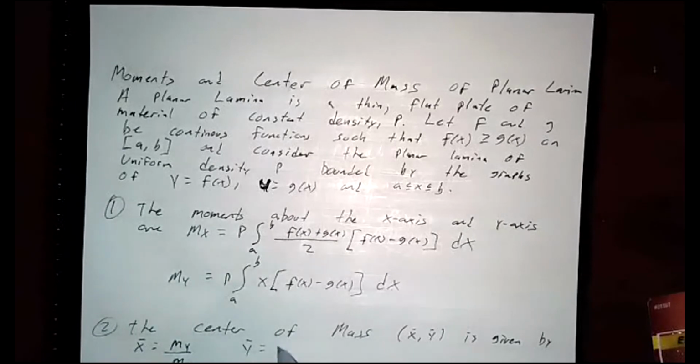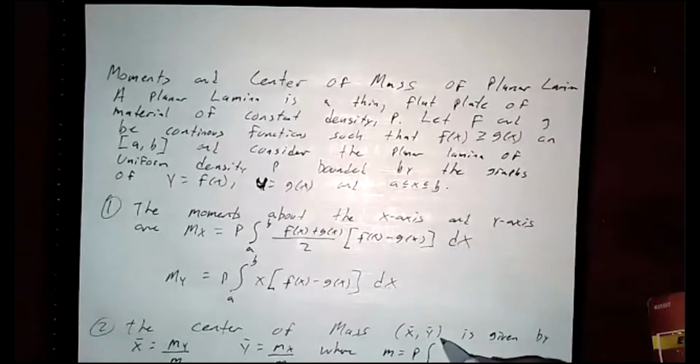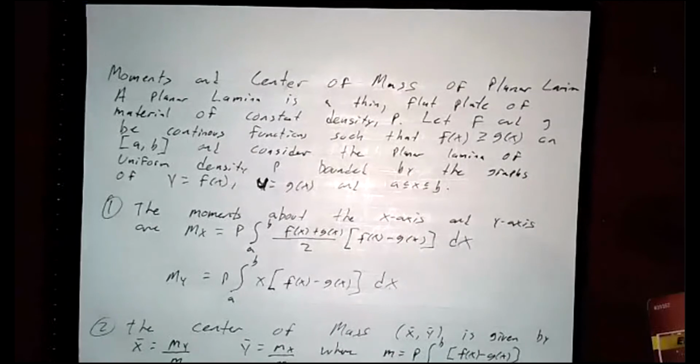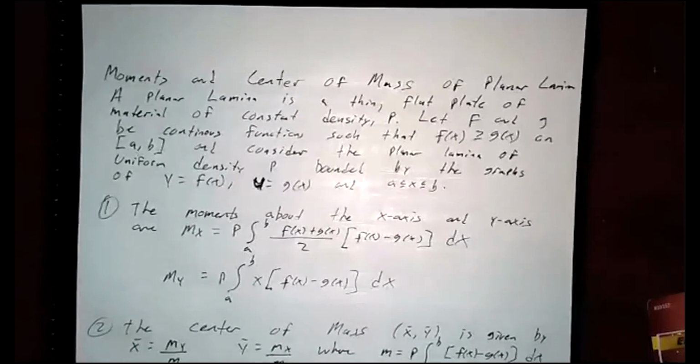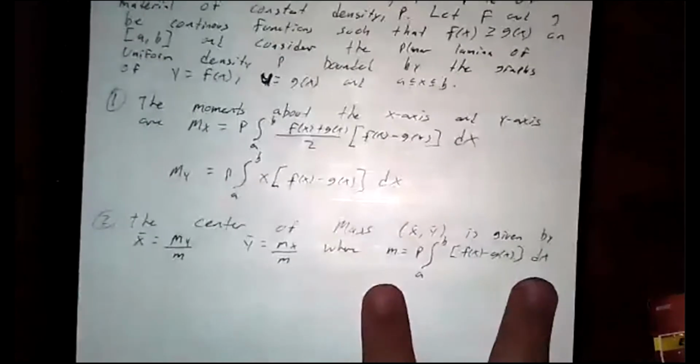Y bar is the moment about the x over the total mass, where total mass is given by this integral. Density times the integral from a to b of f of x minus g of x dx. So this is the mass of the lamina right here.